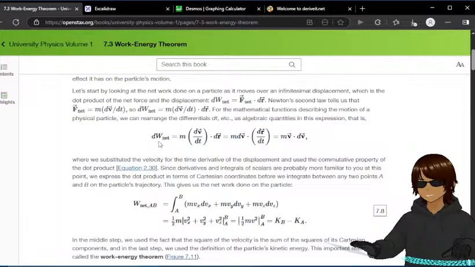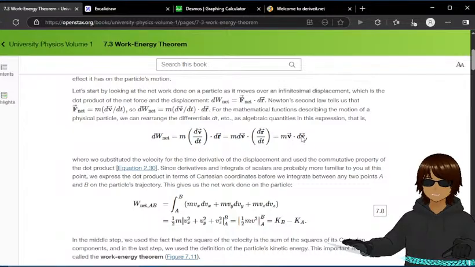So we have the change in work done is the mass times the velocity at that point times the infinitesimal change in velocity. No, wait, this is not an instantaneous change. This is infinitesimal, right? Infinitesimal velocity.